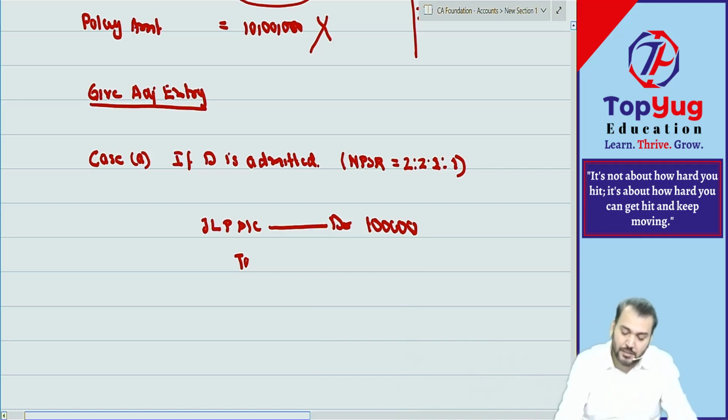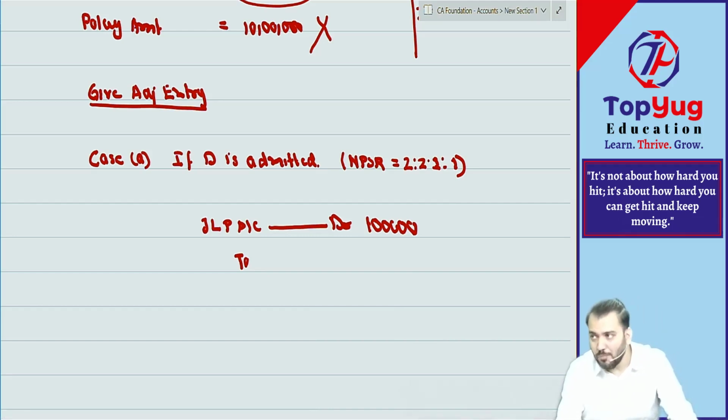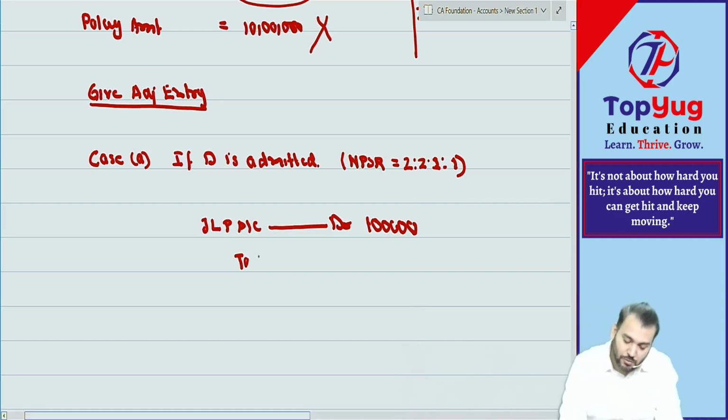JLP account debit, so you have increased the asset. Means this is revaluation of asset. It will be transferred to what? Either revaluation account or to which partner? Old partner. In which ratio? OPSR. So either we do JLP account debit revaluation or to A, to B, to C. In which ratio?